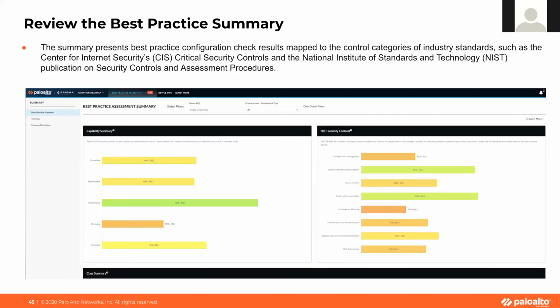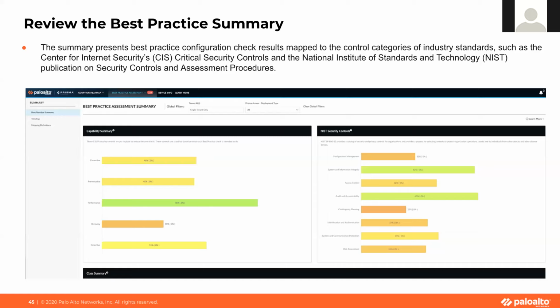This summary presents best practice configuration checks whose results are mapped to the control categories of industry standards such as CIS, Center for Internet Security, Critical Security Controls, and NIST. The purpose of this information is to provide a good way to learn how the BPA checks tie to the industry standards, not to act as an audit.